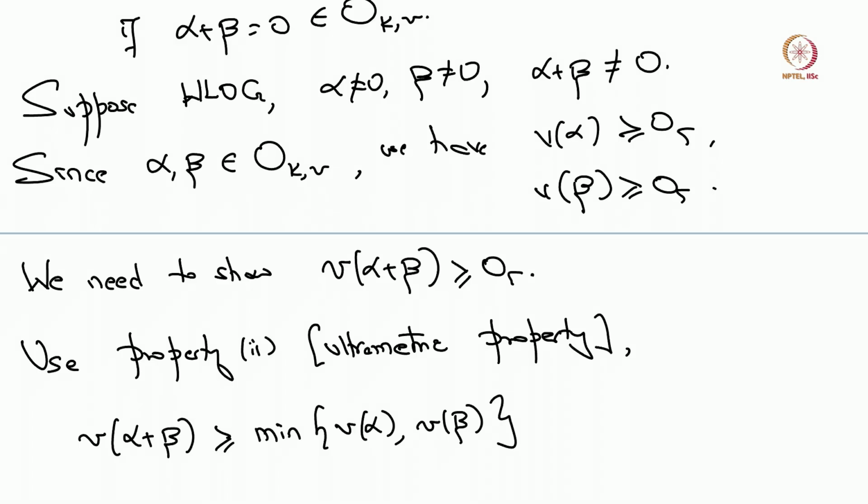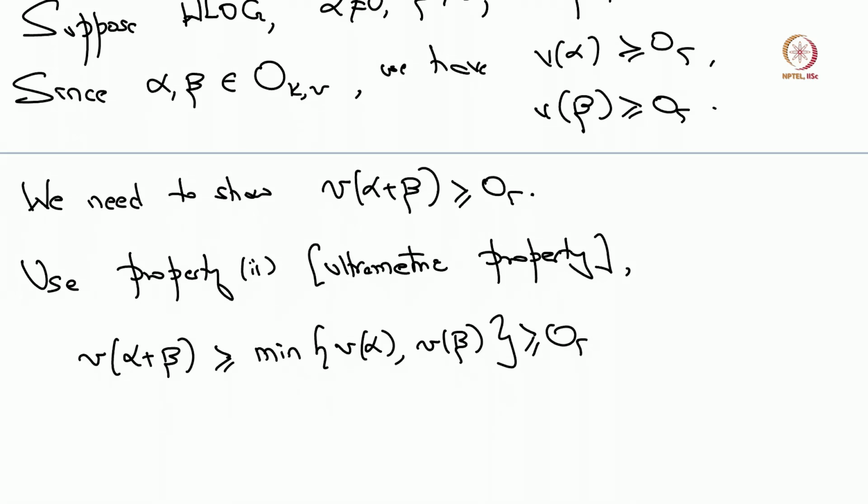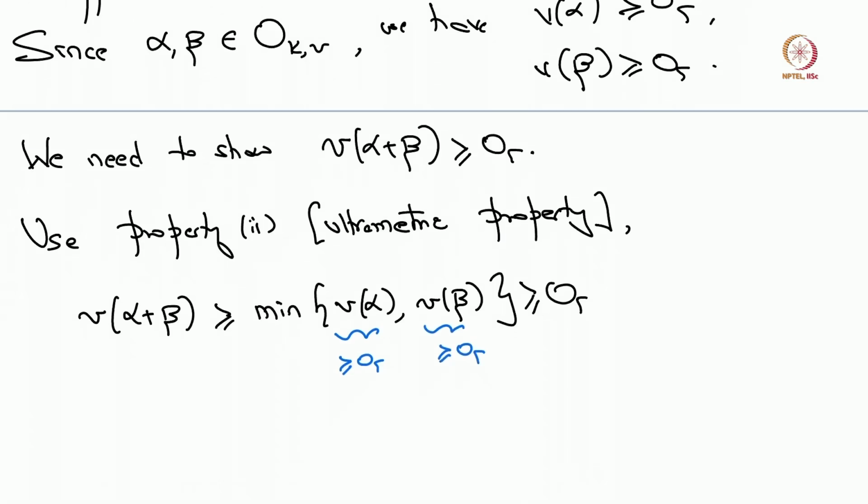But both the valuation of alpha and the valuation of beta, by the fact that alpha and beta belong to OKV, are larger than or equal to the identity element of gamma. So the minimum should also be larger than or equal to the identity element of gamma, because both of them are larger than or equal to it. Okay, and so this just means that alpha plus beta belongs to OKV.